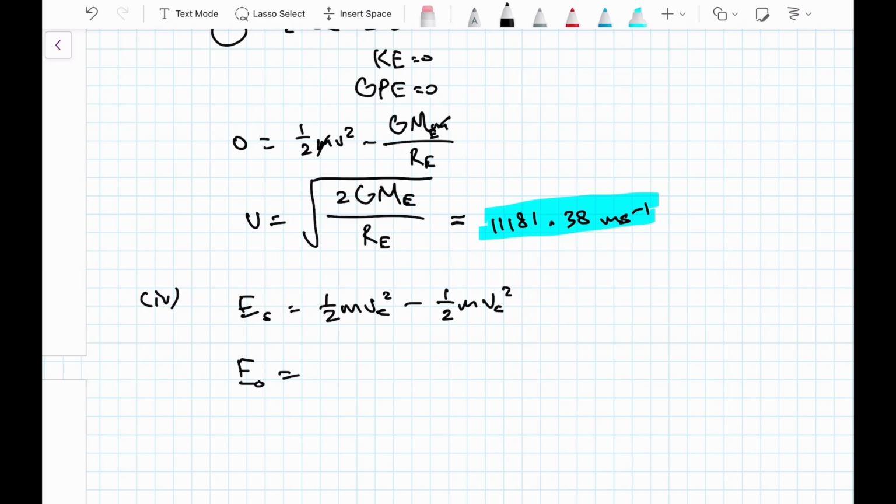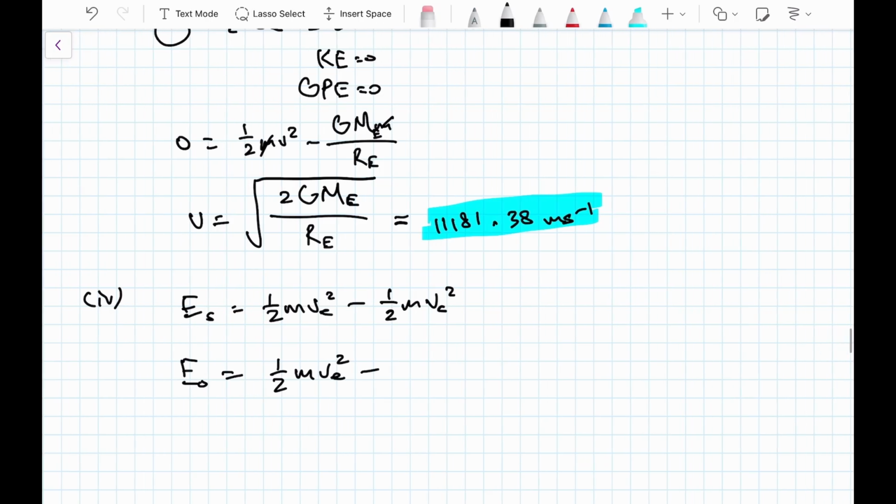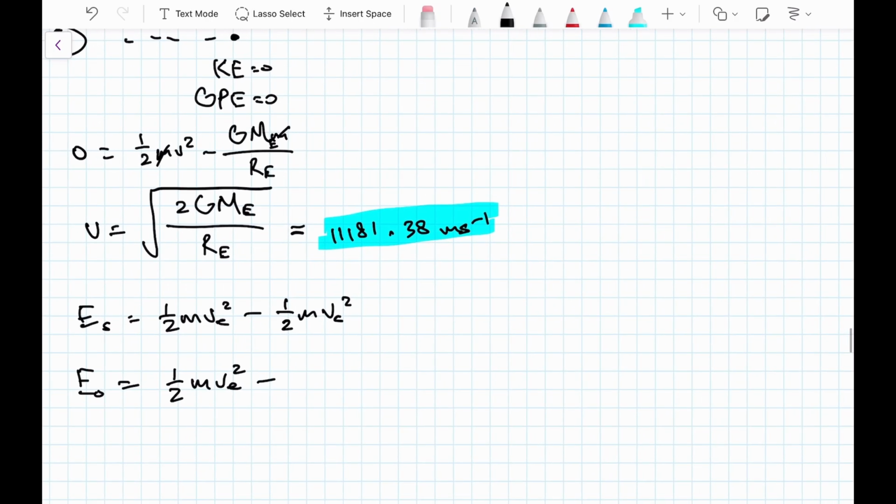There's another step we have to consider. So we have a half m v_E squared minus a half m v squared. Now, we can derive m v squared utilizing the centripetal force.